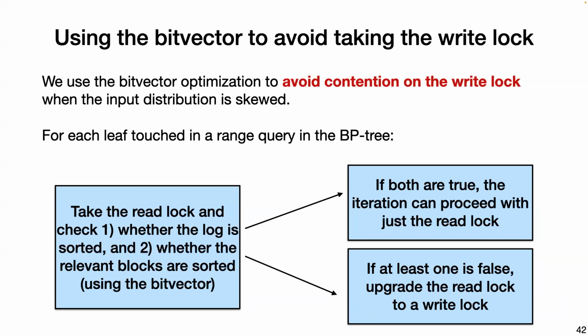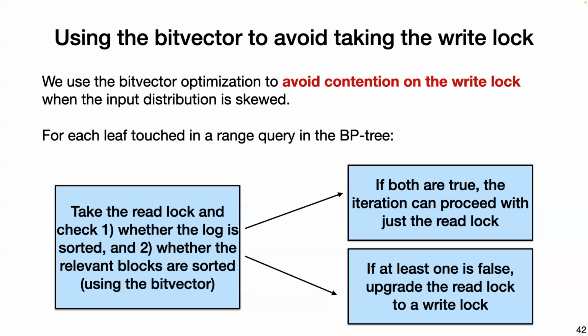The high-level intuition is that you only need to take the write lock when you know that you have to write, and you can use the split vector to tell when you have to write, because up front you know the range of your iteration, and using the header you know which blocks you care about, so you can take the read lock first.